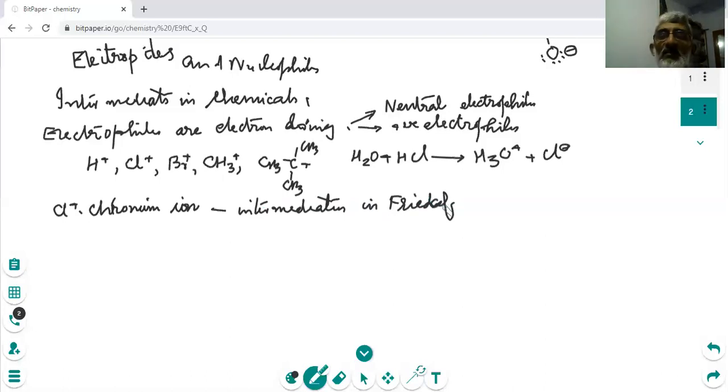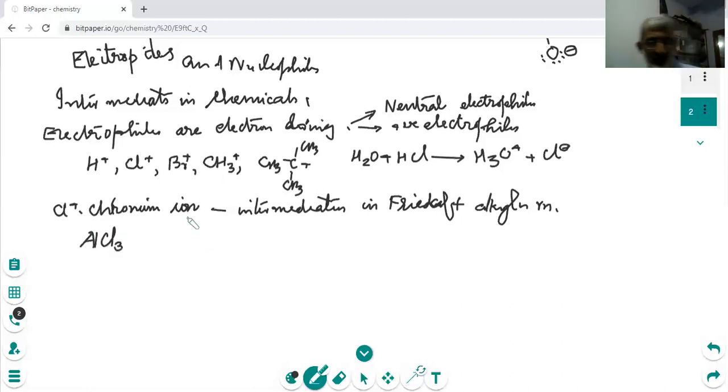Now in the Friedel-Crafts reaction, aluminum chloride acts as a catalyst. Can you draw the structure of aluminum chloride? What's the formula?